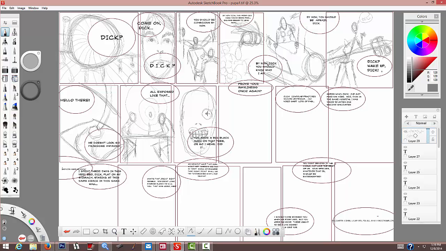So his eyes are going to be enormous here because he's terrified.